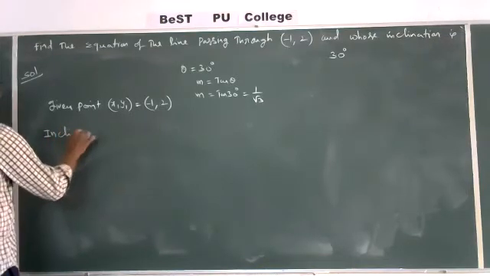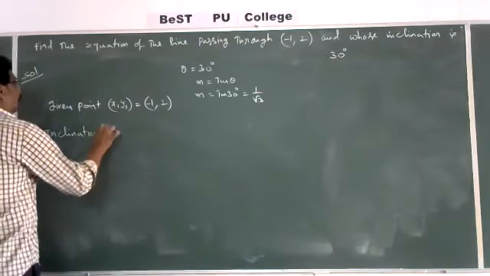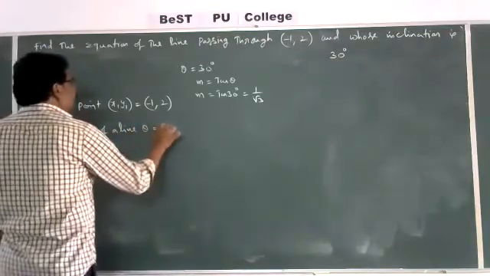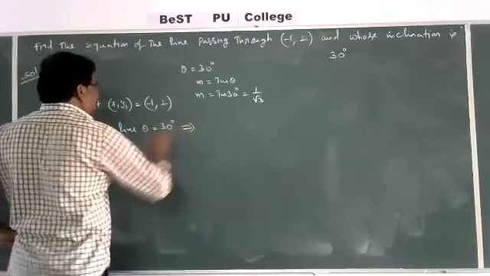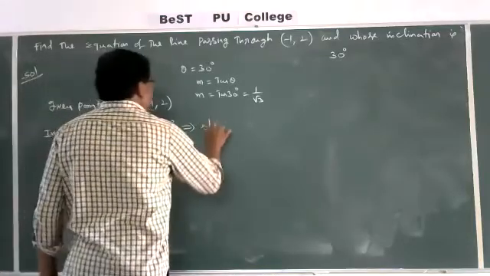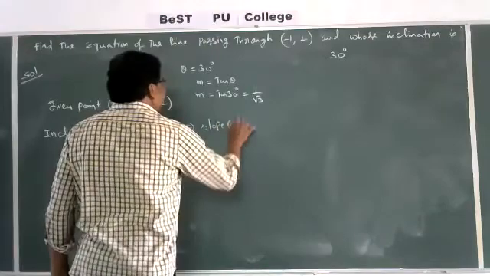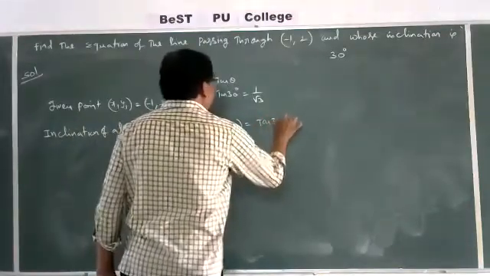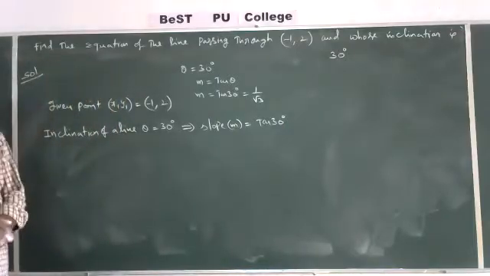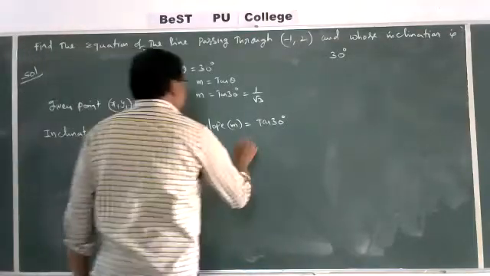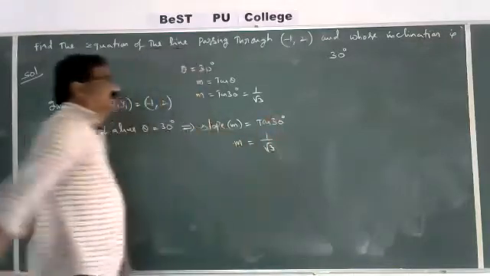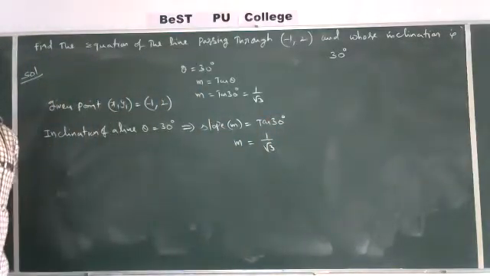Next, the inclination of the line theta is equal to 30 degrees. That implies slope m is equal to tan 30 degrees. That is m is equal to 1 by root 3, since the value of tan 30 degrees is 1 by root 3.